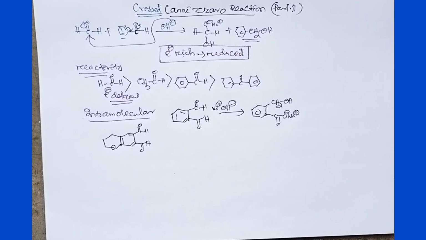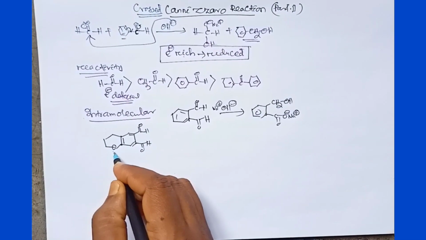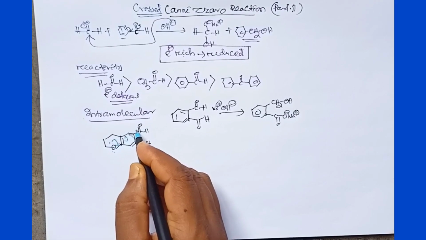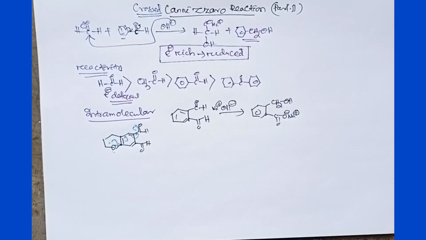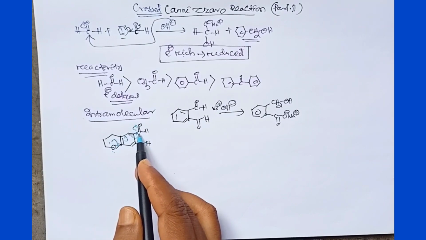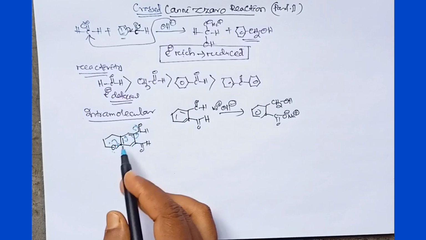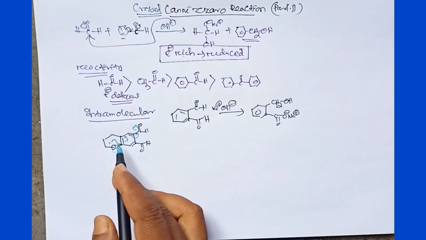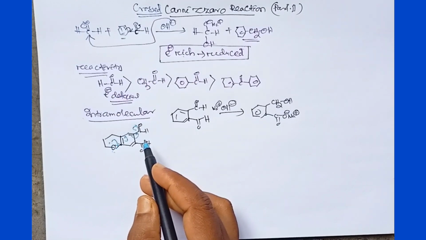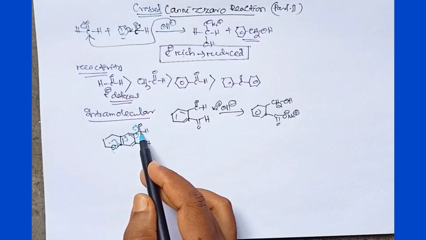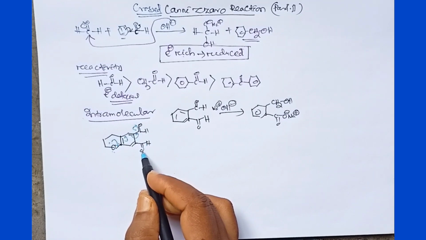If we try to see the resonating structures, you will find that this aldehyde is undergoing resonance due to the presence of the lone pair on the oxygen. So this electron deficiency is somewhat compensated by the resonance from the lone pair on the oxygen. The conclusion is that this aldehyde is more electron rich and this one is very electron deficient.